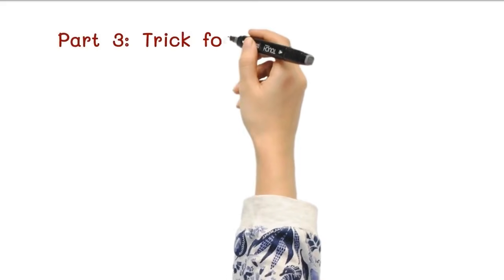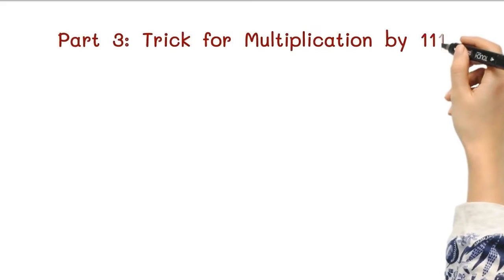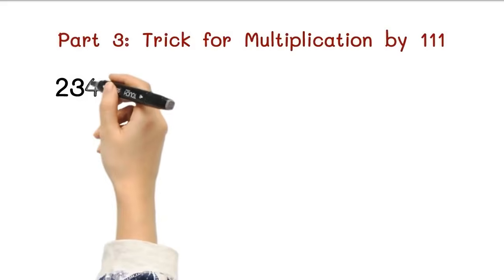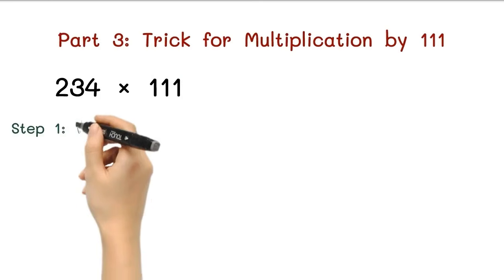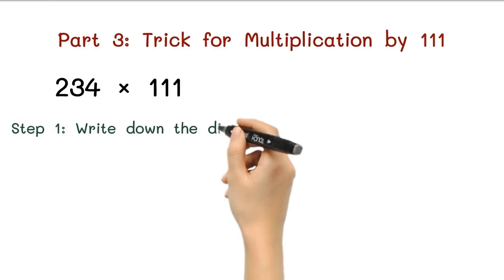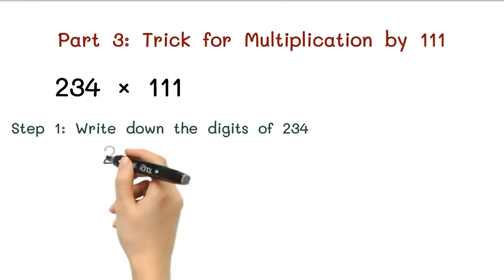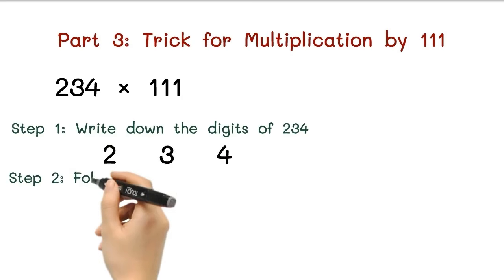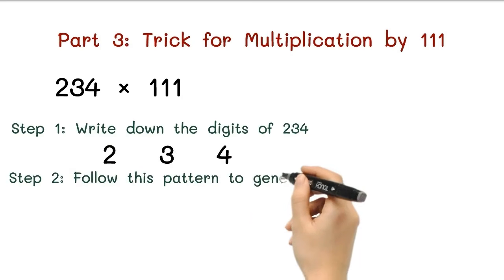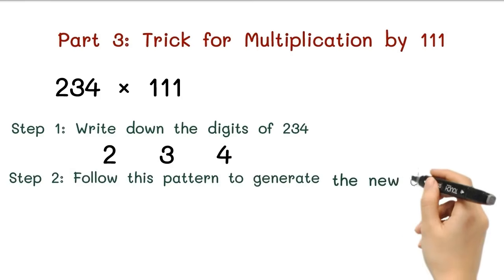Part 3. Trick for multiplication by 111. Now, let's try multiplying 234 times 111. In step 1, write down the digits of 234, spacing them apart. 2, 3, 4. Now in the second step, follow this pattern to generate the new digits.